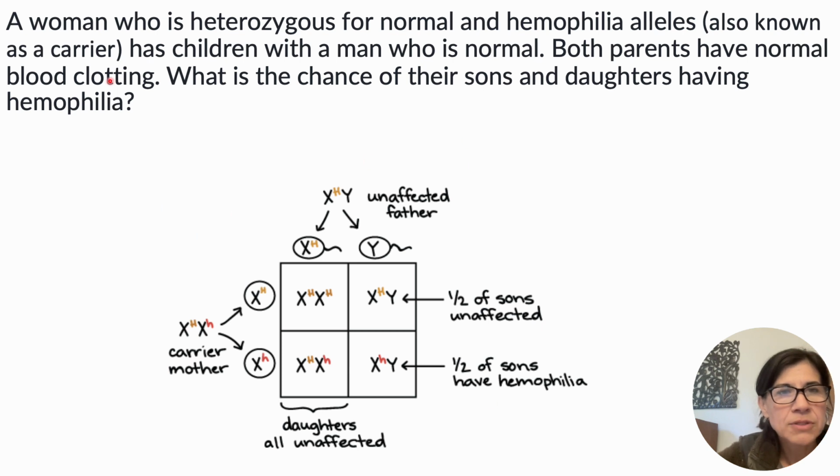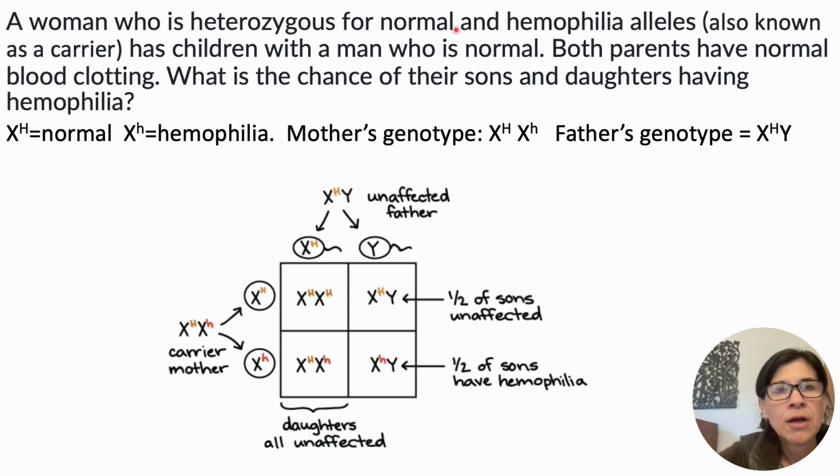Let's do a problem. Here I say a woman who is heterozygous for normal and hemophilia alleles. So she's normal and has a hemophilia allele. What would her genotype be? The notation is X big H for normal, X little h for hemophilia.